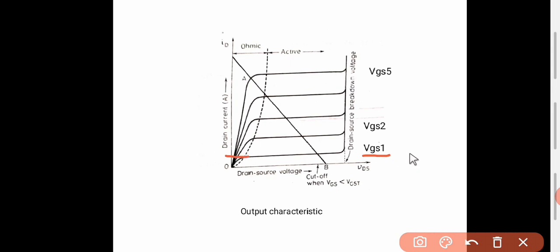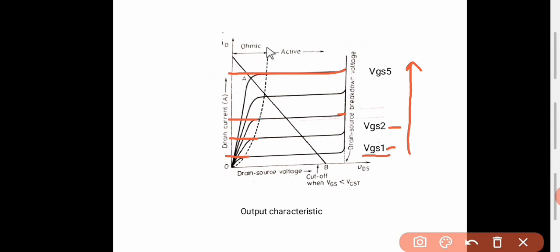If we increase the gate source voltage from VGS1 to VGS2, the drain current will increase to this point. At VGS3, it is this value. At this point it is fully turned on.